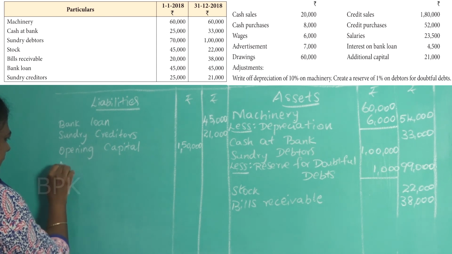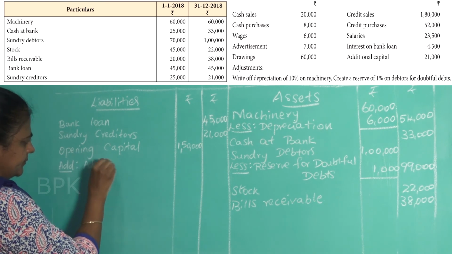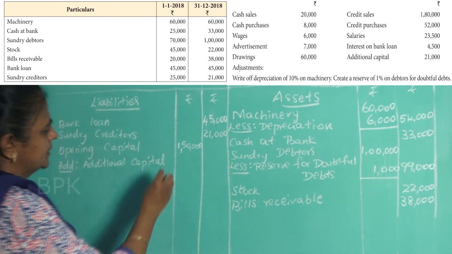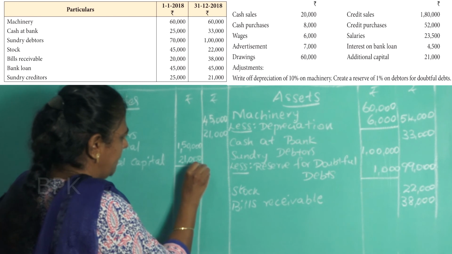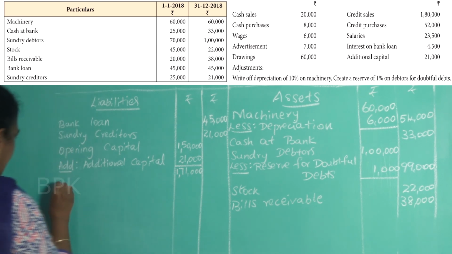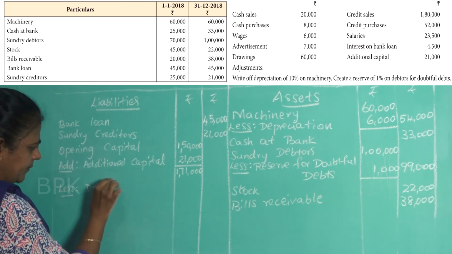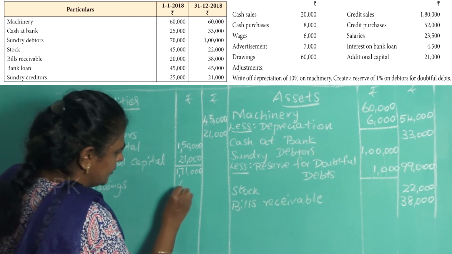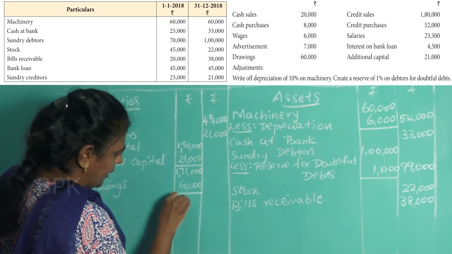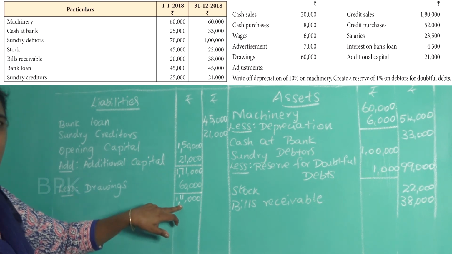With that add additional capital. How much is the additional capital? 21,000, add that. So we will get 1,71,000. That subtract drawings, less drawings. Drawings 60,000 is given in the question. Subtract that. So that will give 1,11,000. With this what you have to do? You have to add net profit.